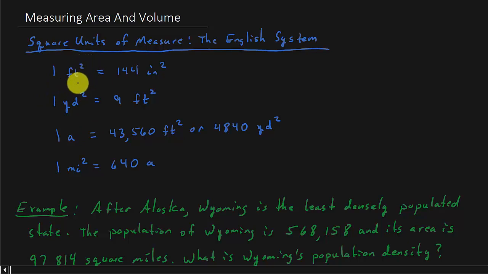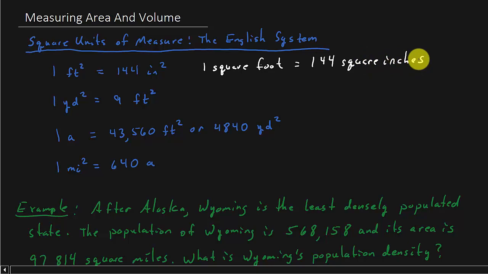Okay, that's what this means. It would be written out like this: one square foot is equal to 144 square inches.